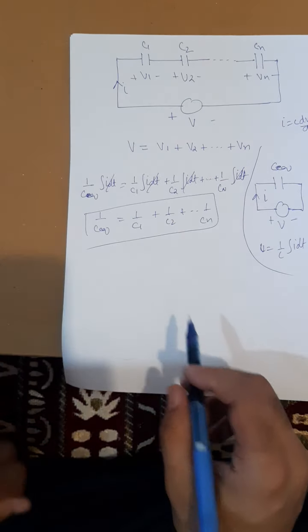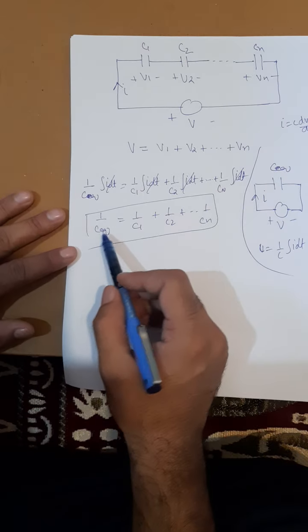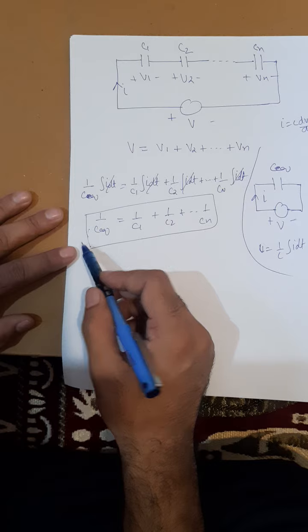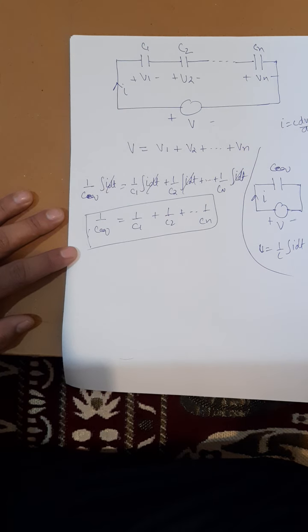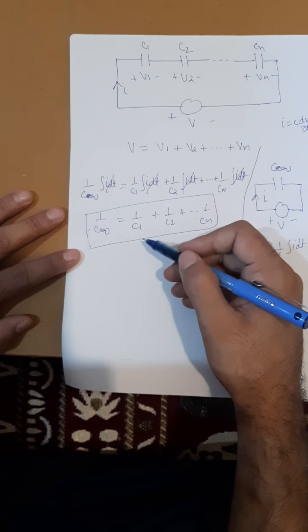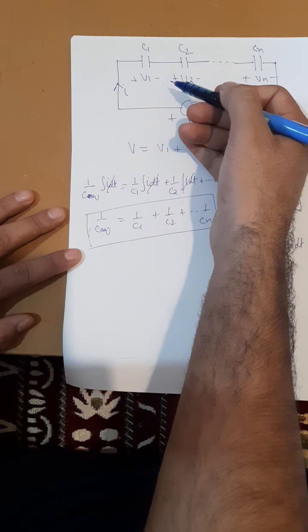Look what happens. This type of relation we got when resistors were connected in parallel. However, in the case of capacitors, we get this relation when capacitors are connected in series.